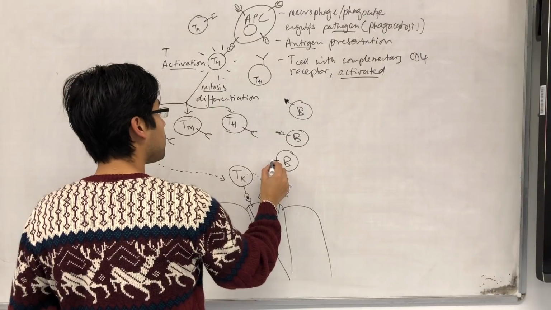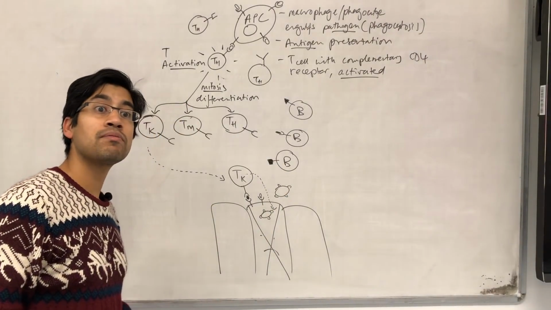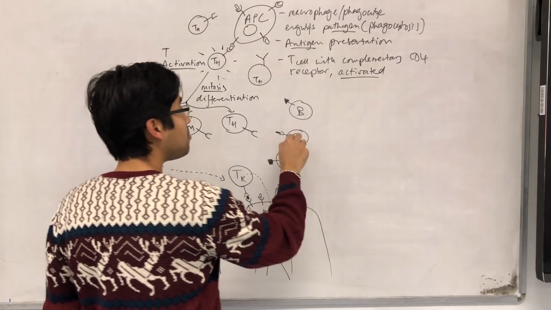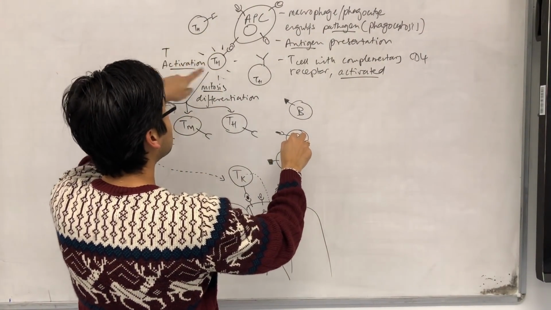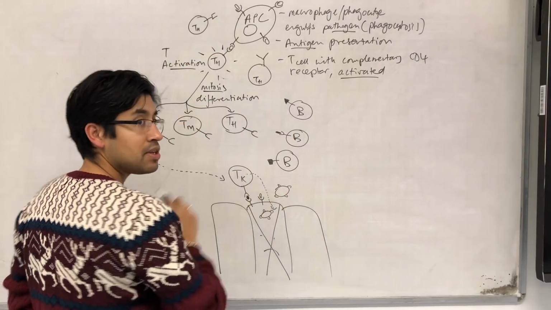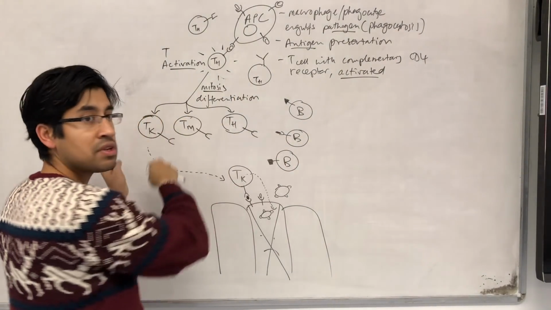Now, which B cell do we need to activate? This one, right? Because this is the B cell that's going to be able to act against the same antigen, and therefore act in a coordinated way with the T helper cells.